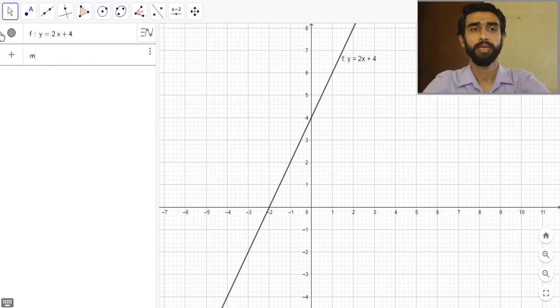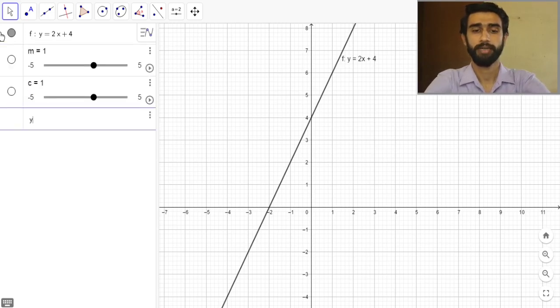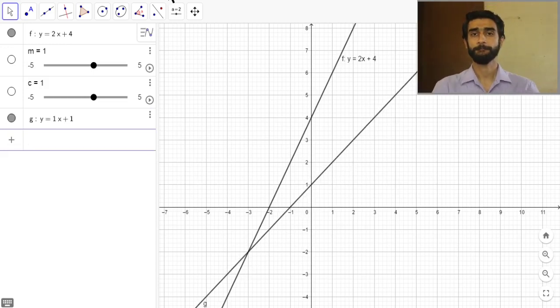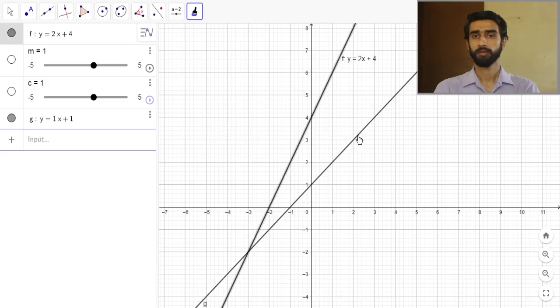So let me make two sliders, m and c, and I am writing y equals to mx plus c. Now you can see here, and let me copy the properties.